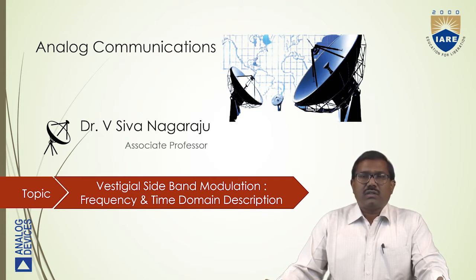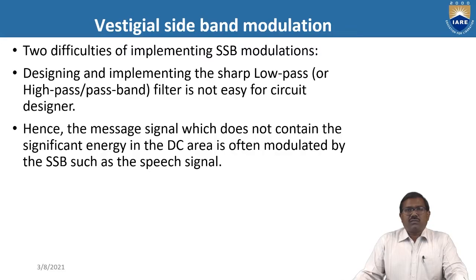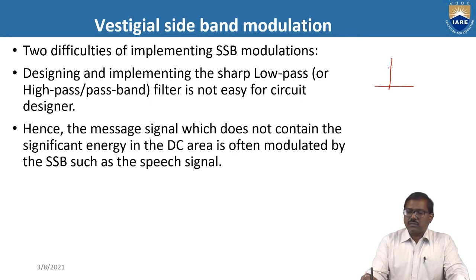The drawbacks or difficulties coming from this SSB are in this slide. Mainly two difficulties of implementing SSB modulation. The first one is that designing and implementing the sharp low pass filter is not easy for the circuit designer. That means sharp edges. You know that the filter characteristic of a low pass filter is just like this.